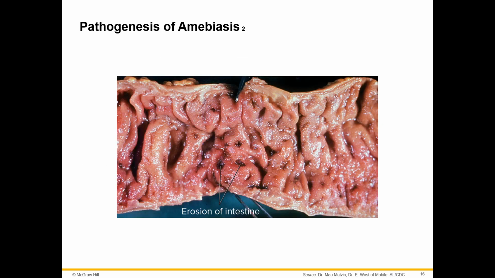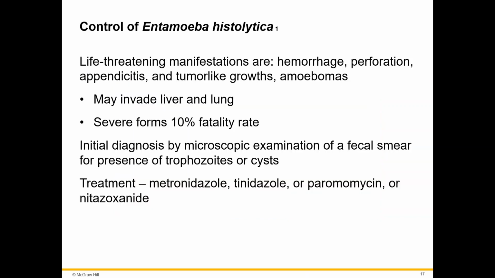And so you can see this is from a cadaver, and we have that erosion of the intestine, and that's just from the toxins they've secreted to try and get deeper. And so we can have some different life-threatening visible manifestations such as hemorrhages, right?